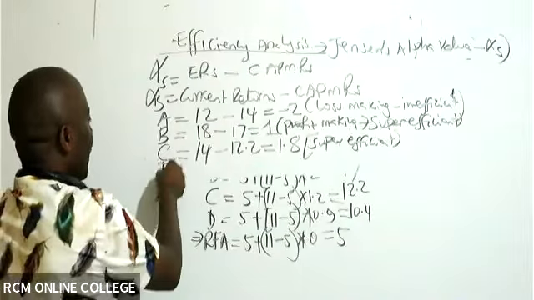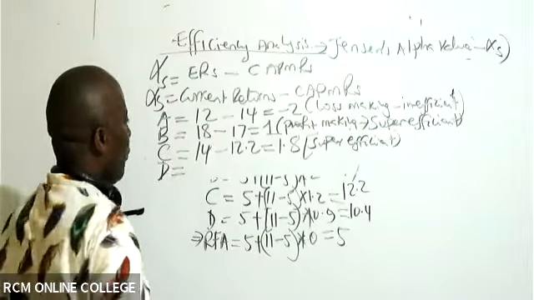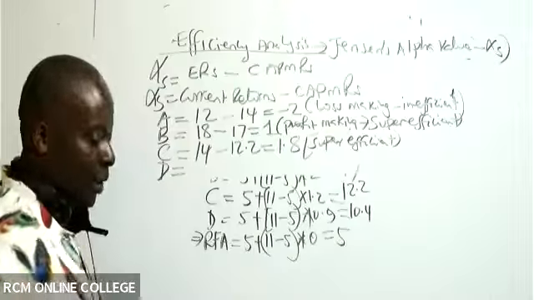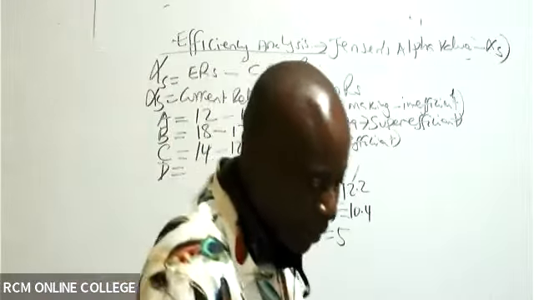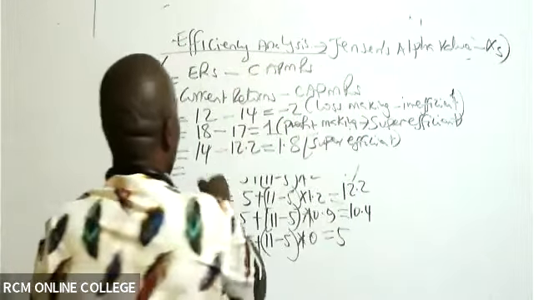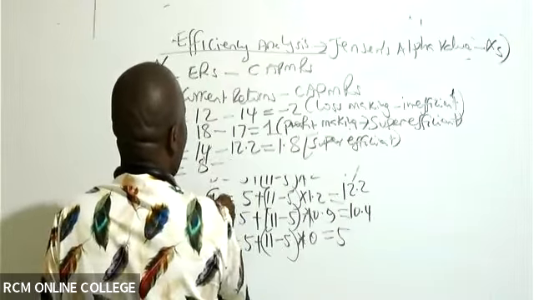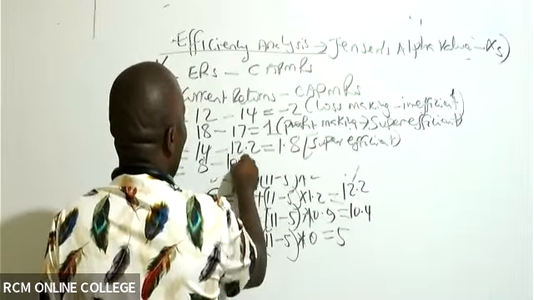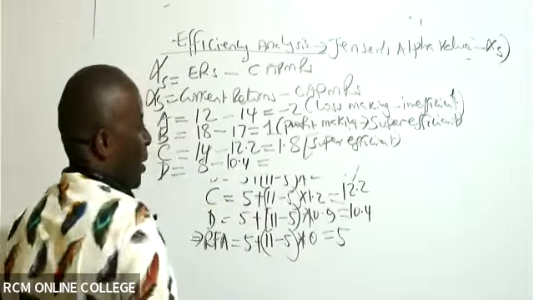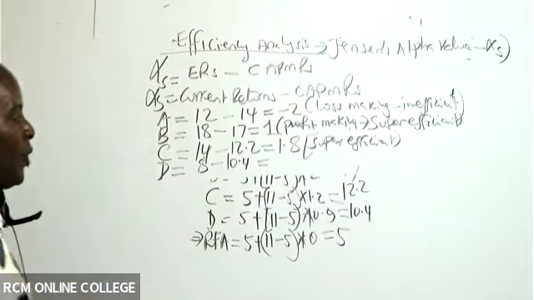And then we have D, ladies and gentlemen. I will take the current returns of D, which is 8. So 8 minus 10.4. This is a loss. This is inefficient.